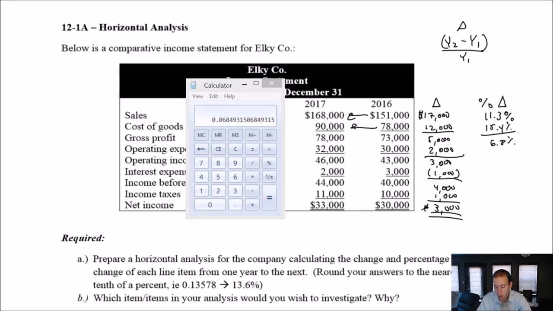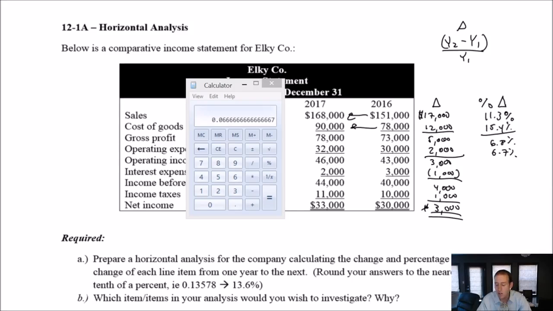That's not good. That's a function of the fact that my cost of goods sold was higher as a percentage. My operating expenses, how much did they grow by? 2,000 divided by 30,000. They grew by 6.7%.